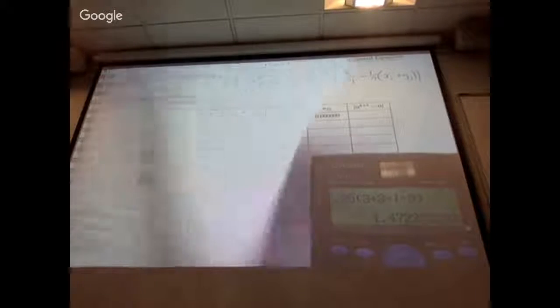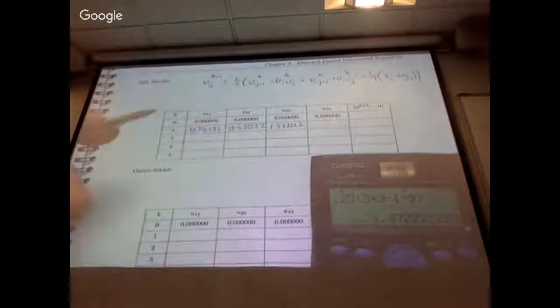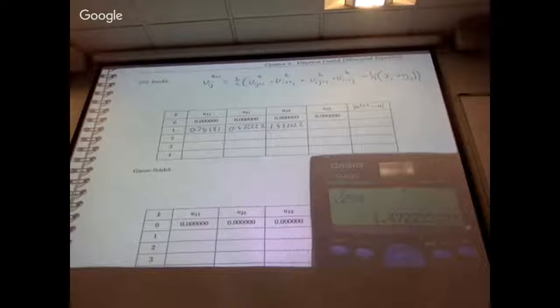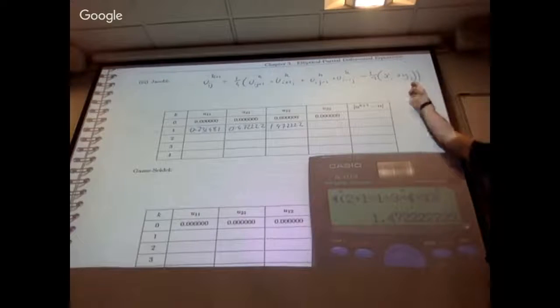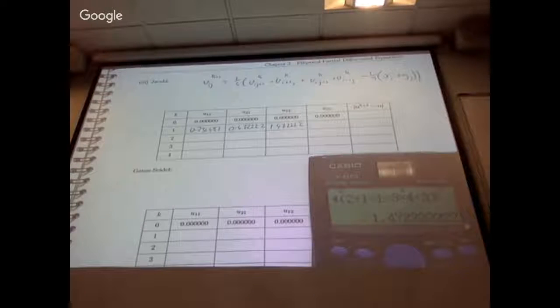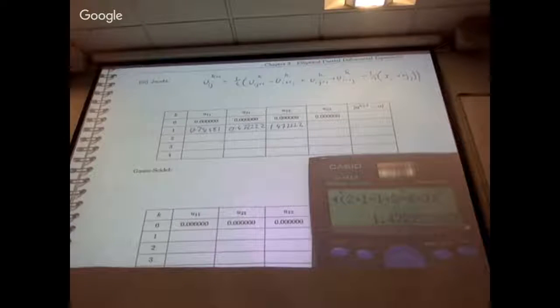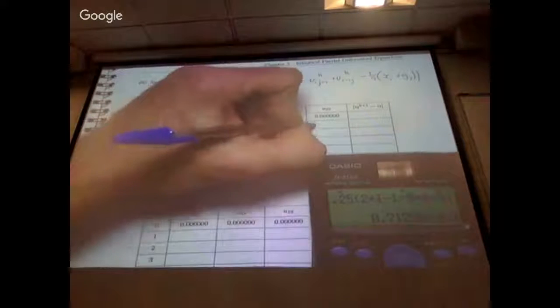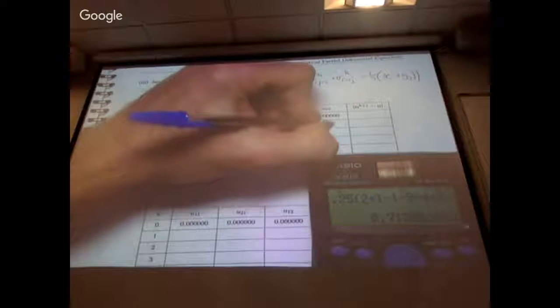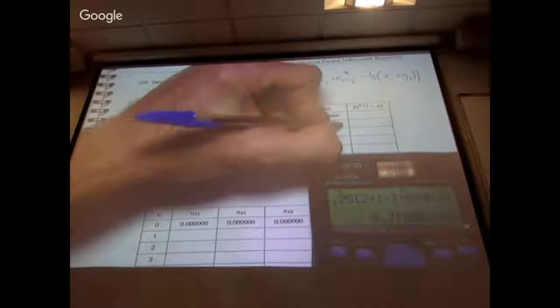Again, the boundary is 2 and 1. So that's 2 plus 1 minus 1/9. In this case, the x and y coordinates are 2/3, both of them. So add them together, you get 4/3. So 2 plus 1 minus 1/9 times 4/3. 0.71296.